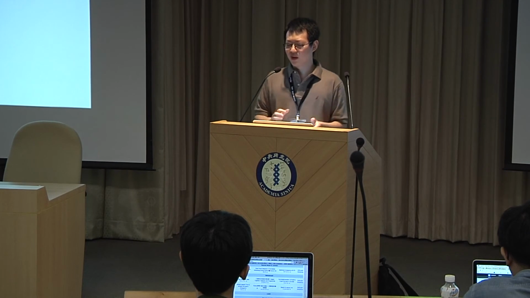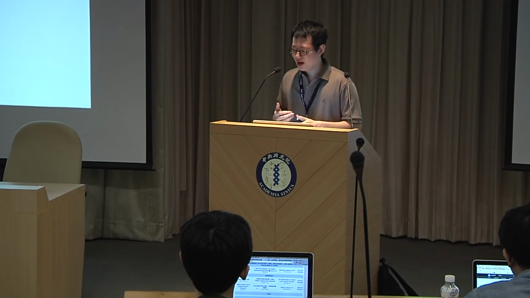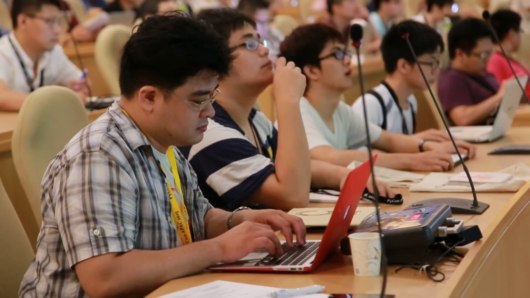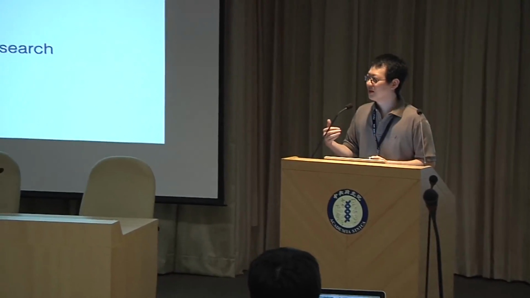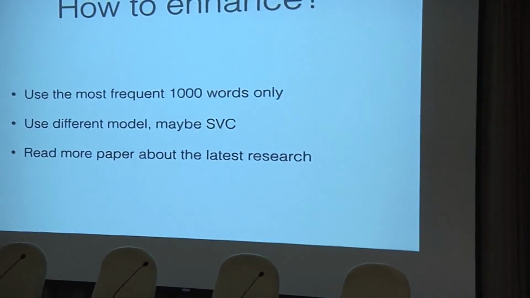You probably want to enhance that. There are lots of ways to enhance that. I will not teach you how to do that because it takes a lot of time and a lot of work. I can just show you the ways to improve it.